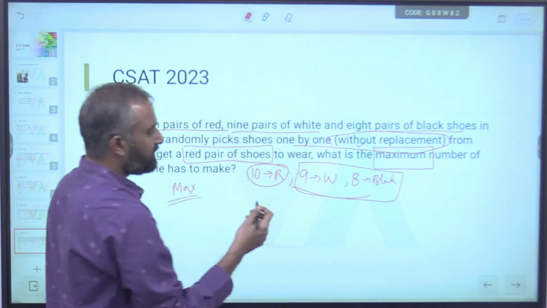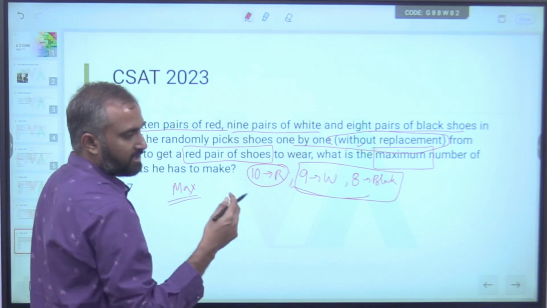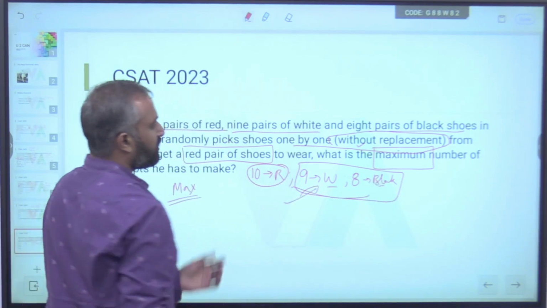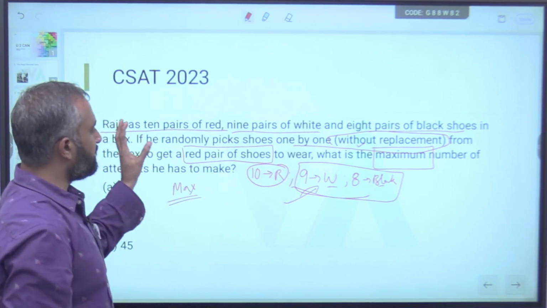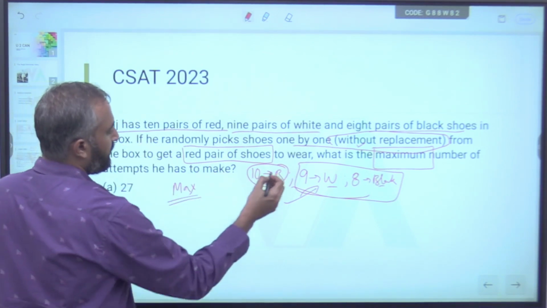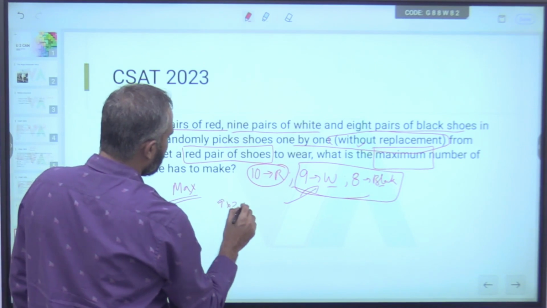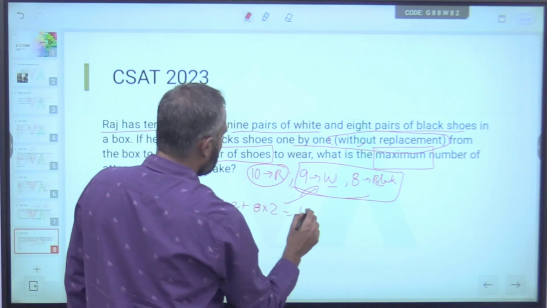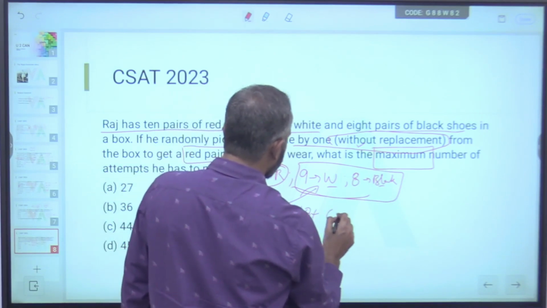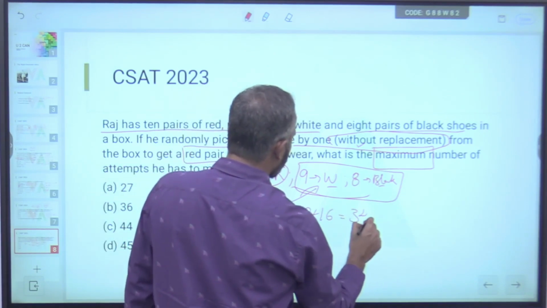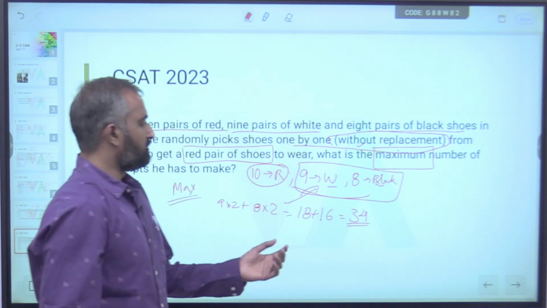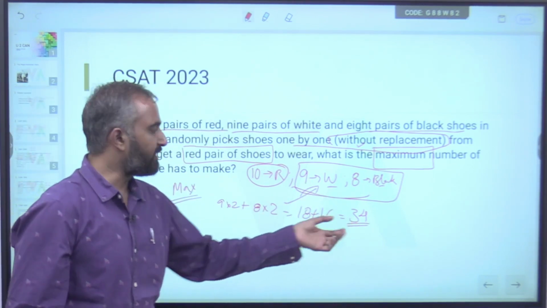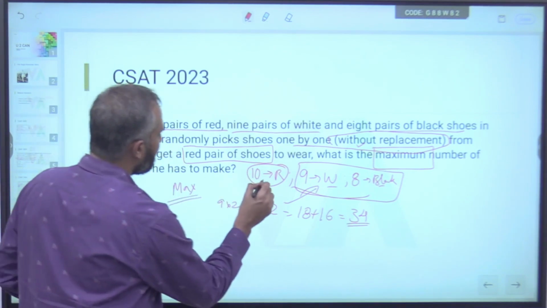So how many attempts can he make? In all those attempts, he can finish both white and black shoes. Now 9 into 2 plus 8 into 2, so 18 plus 16, 34. So after a maximum of 34 attempts, he can come anywhere near red shoes.